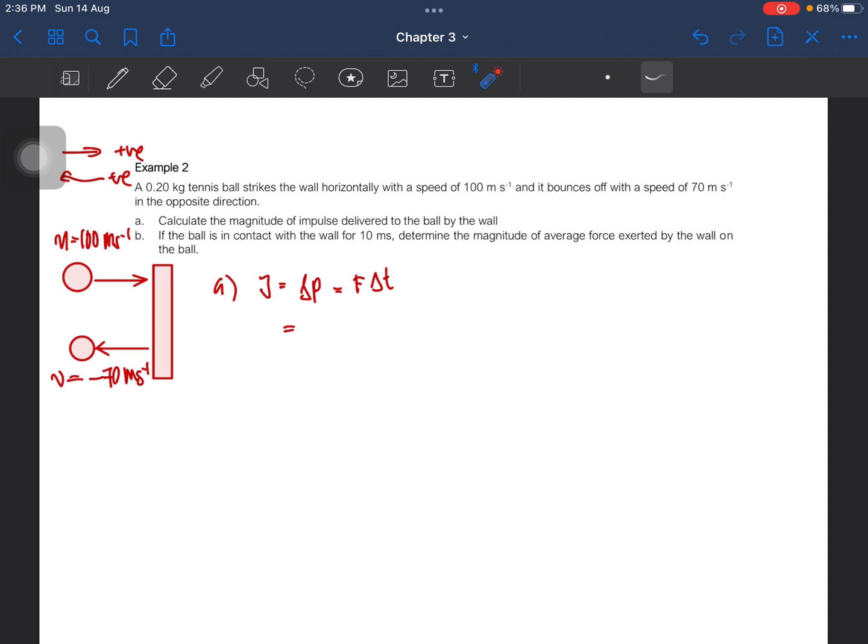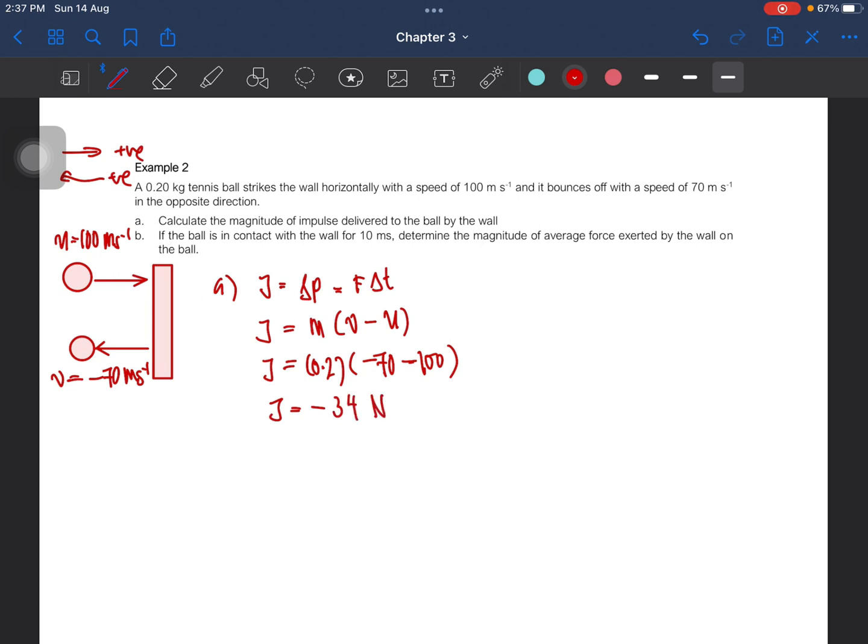But now we are only given the mass of the ball and the velocity, so we are going to use the change of momentum, which is m(v minus u). So we have m equal to 0.2 kilogram times the final velocity, which is negative 70, minus 100. So we have the answer to be equal to negative 34 Newton second. That is the impulse.